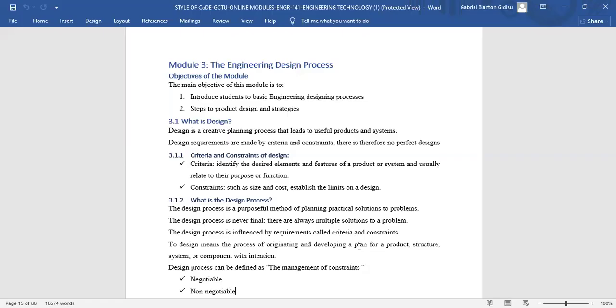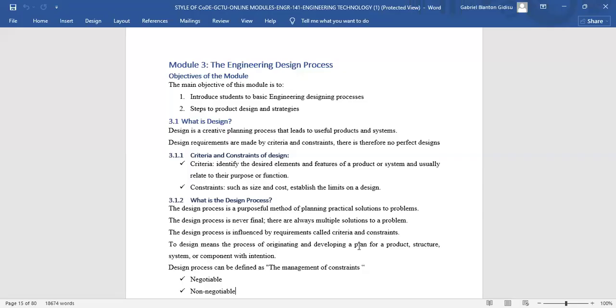What is the design process? The design process is a purposeful method of planning practical solutions to problems. So you are planning practical solutions to a problem. If you are constructing a circuit, like Engineer Philip, you want to construct an electronic circuit, you don't need to just jump and go and buy any component and construct the circuit.